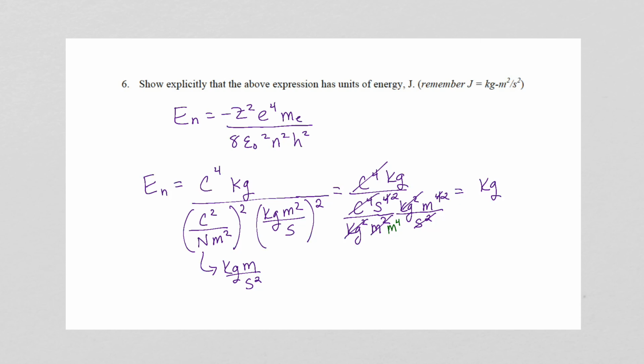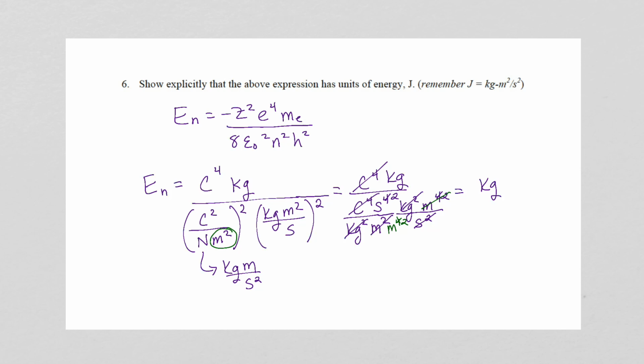That's still hanging out. Okay, so then, remember that's coming from that guy. Okay, so let's keep going. So we have meter to the fourth down here, meter squared, so that one's going to go away. And we're still left with 2 down there.